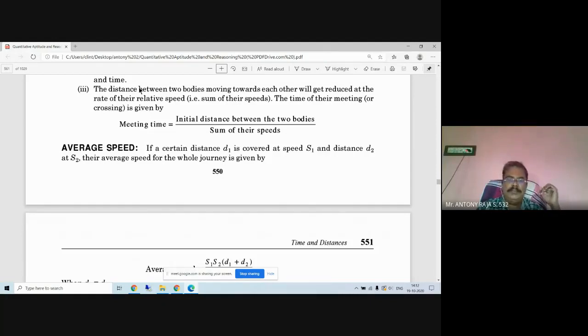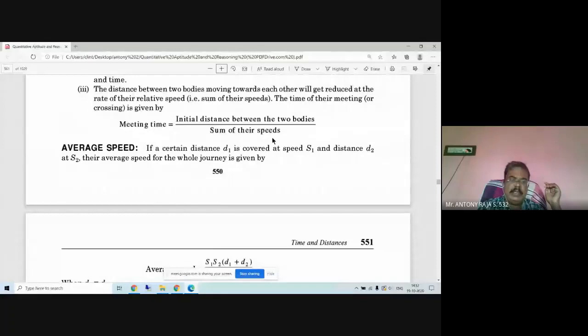The distance between the two bodies moving towards each other will get reduced at the rate of their relative speed, the sum of their speeds. Meeting time is equal to the initial distance between the two bodies divided by the sum of their speeds. Simple formula, note it down.